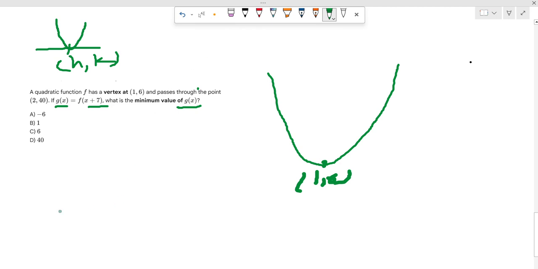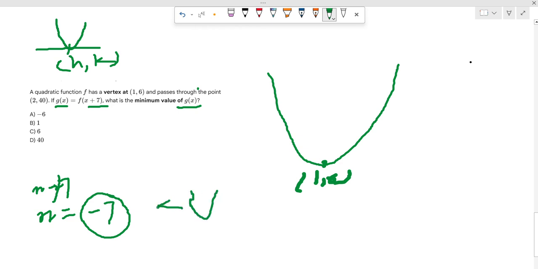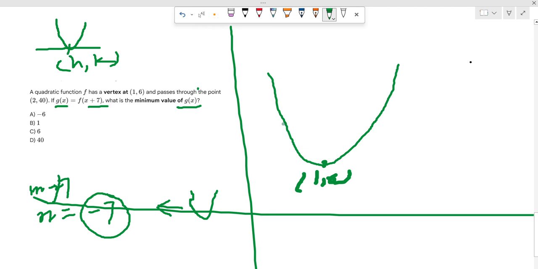So I will teach you another concept here, that f(x) plus 7 is like x is minus 7, right? So x is minus 7 is nothing but that the function is shifted left 7 units. If this is the graph of the parabola, then the function will shift 7 units left.